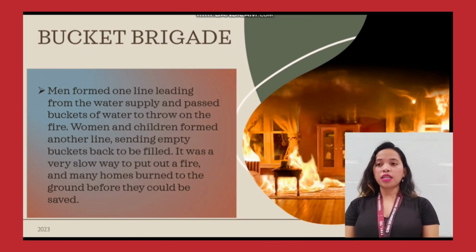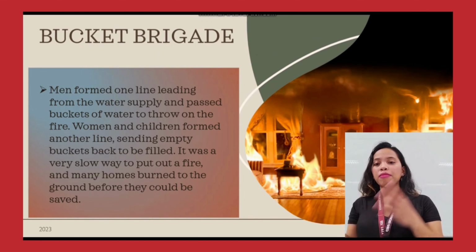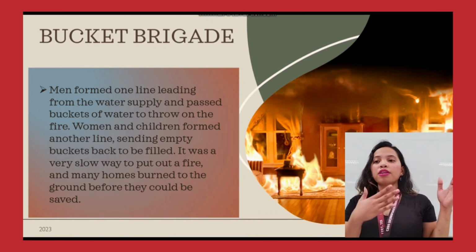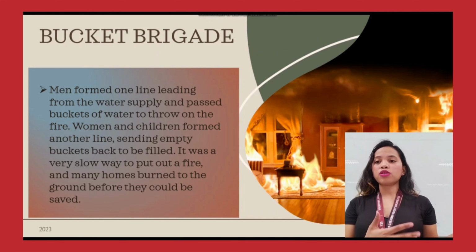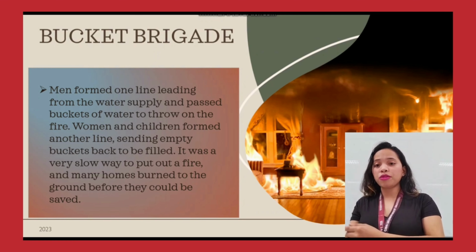A bucket brigade is men forming one line leading from the water supply and passing buckets of water to throw on the fire. It is a passing of water from one man to another until they reach the fire and throw the water on the fire. Women, children and men form another line sending empty buckets back to be filled.